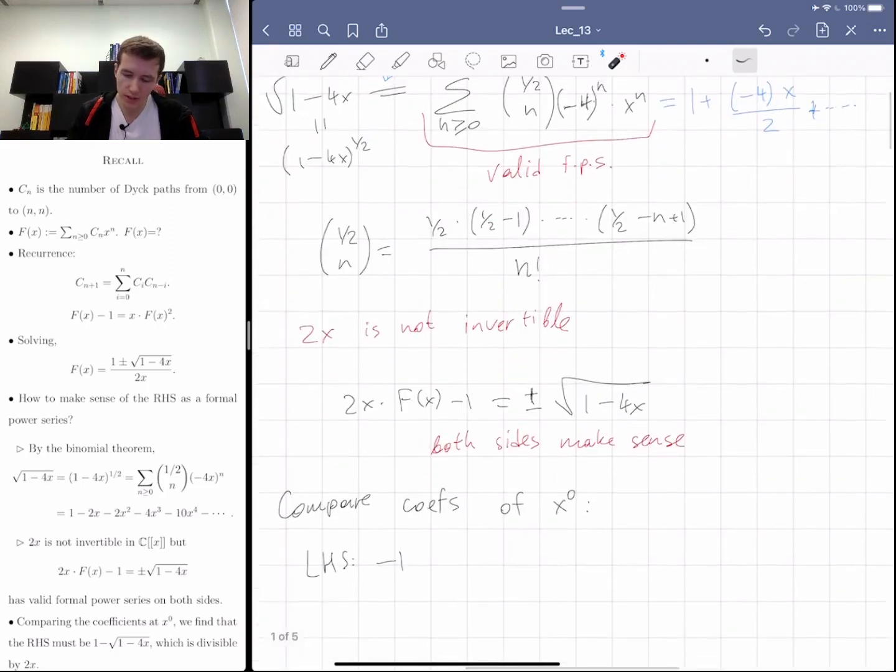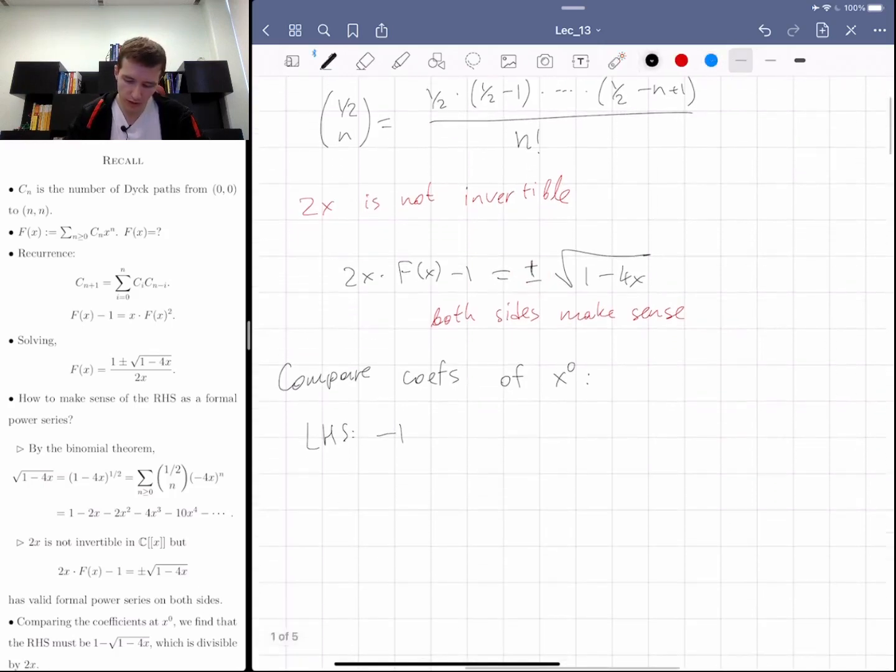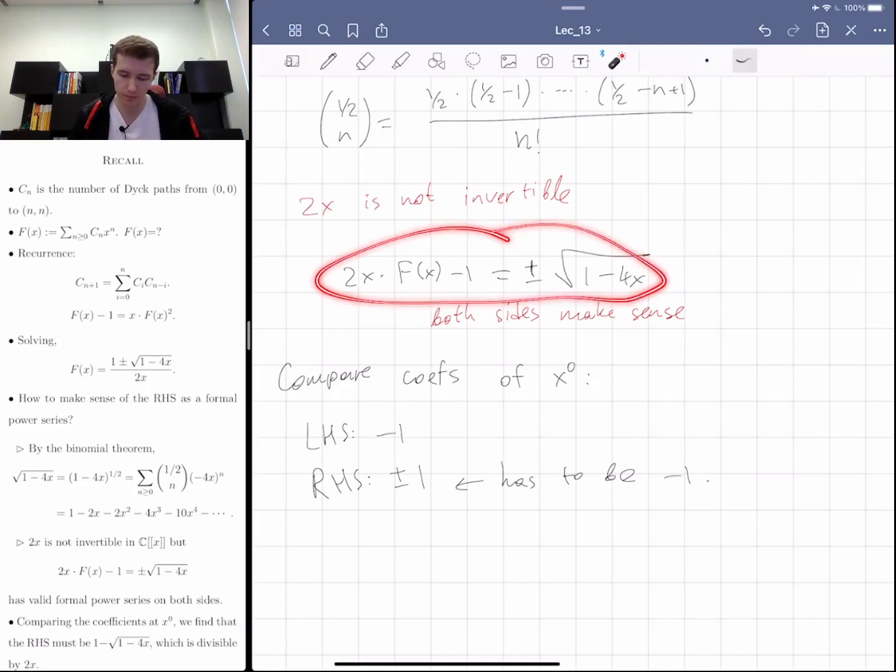So anyways, the point is that the constant term is 1. So for the right-hand side, the constant term is plus or minus 1. So it has to be -1, because otherwise we have no chance of having these two equal to each other.